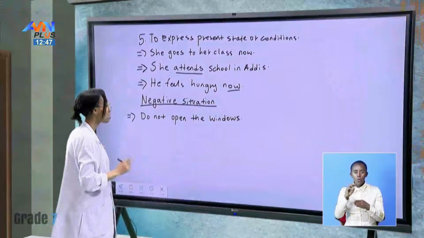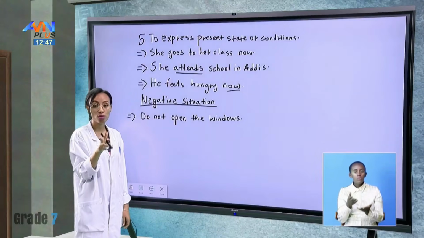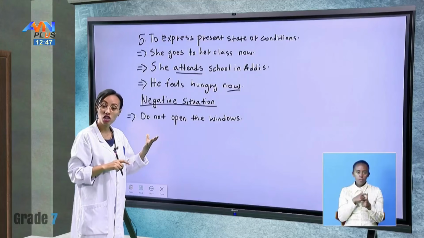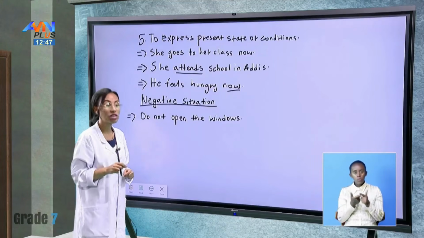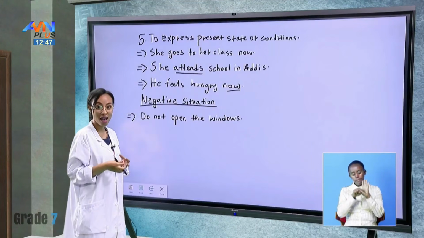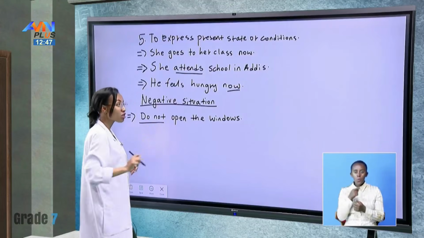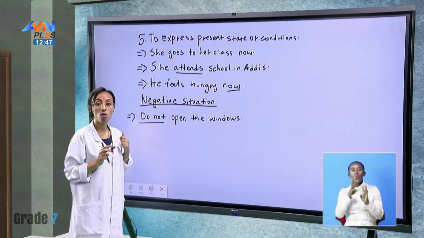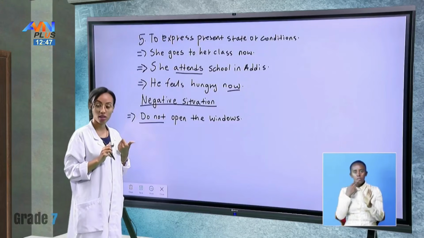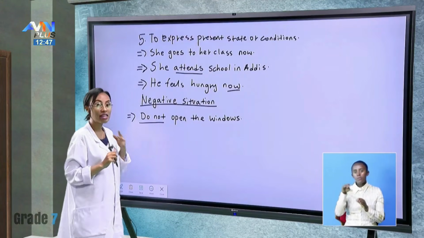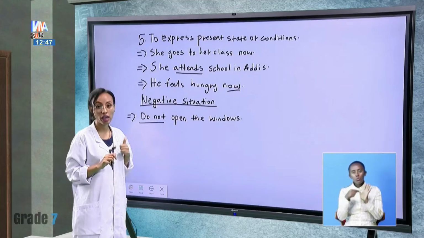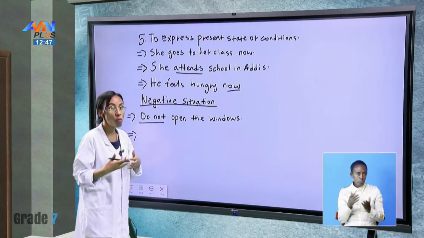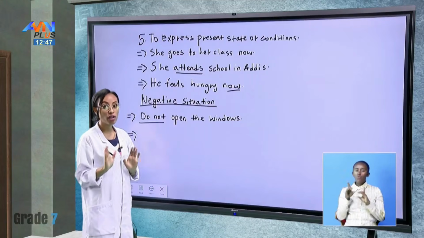This is an instruction. It has both uses. We can express instruction here, and we could also see a negative idea. We said, do not open the window. So the sentence has 2 uses. One is to show instruction, like we talked about earlier. And the second one is to show negation. We are saying do not. So instead of opening the window, we're saying do not do that.